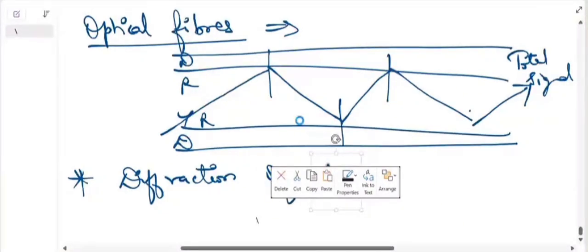Now let's study the diffraction of light by the single slit. I'm showing you that part also, just pay attention.